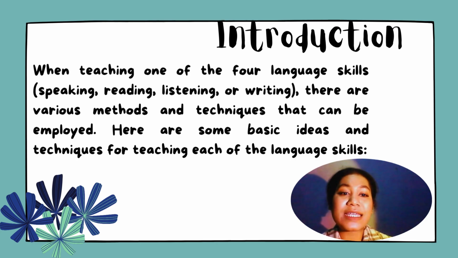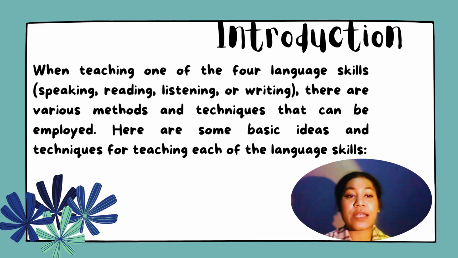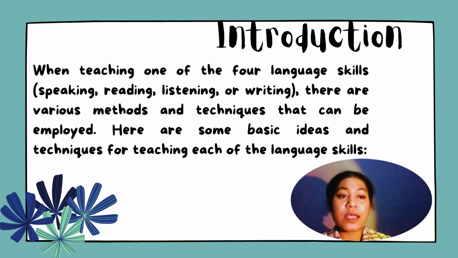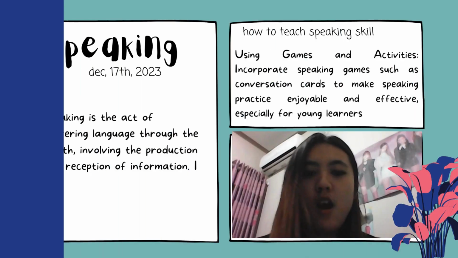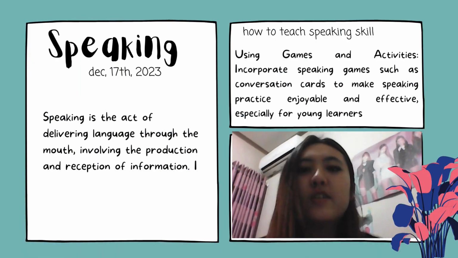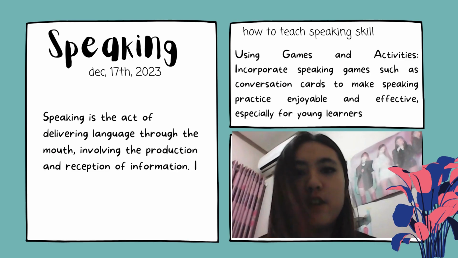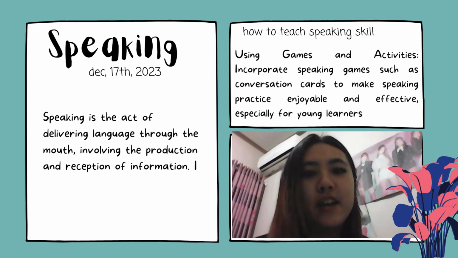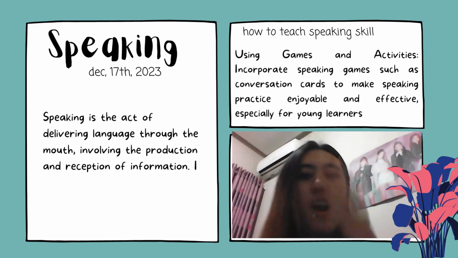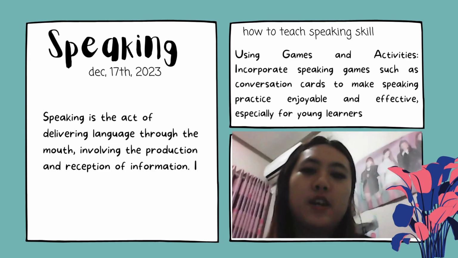So, when teaching one of the four language skills, speaking, reading, and writing, there are various methods and techniques that can be employed. Here's some basic idea for teaching a language skill. So, speaking is an interactive process of constructing meaning dependent on the context, participants, and purpose for speaking.